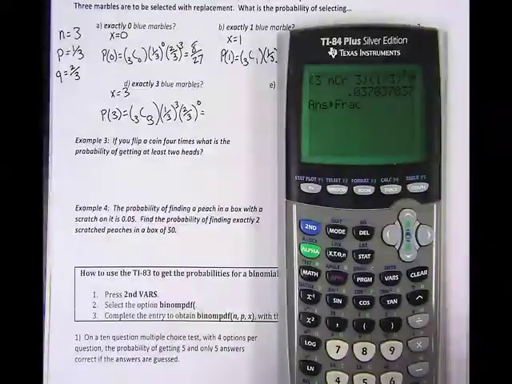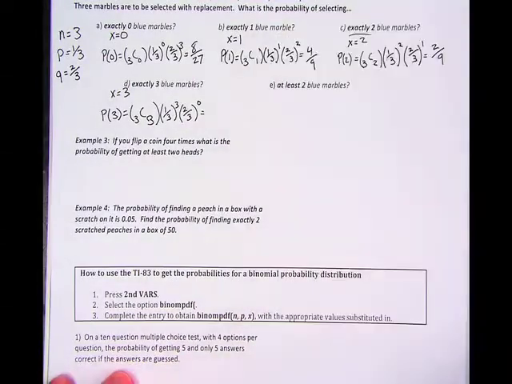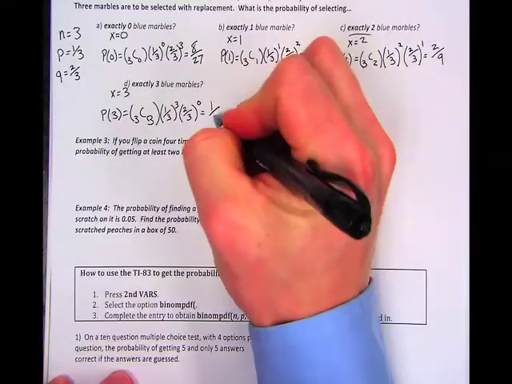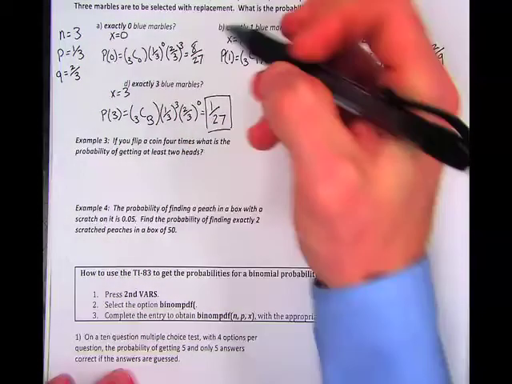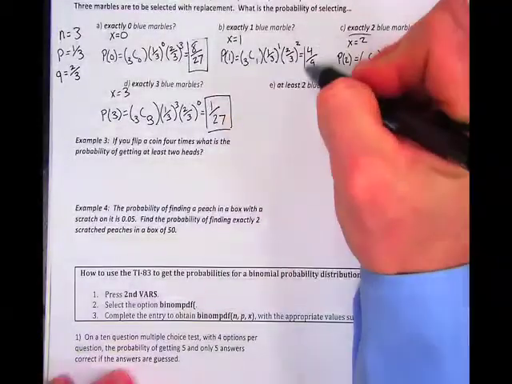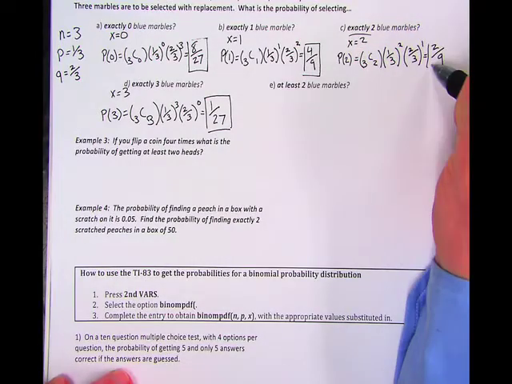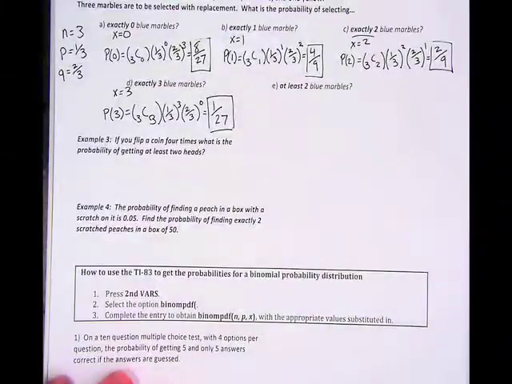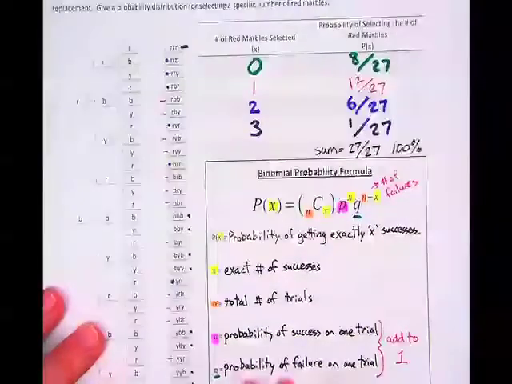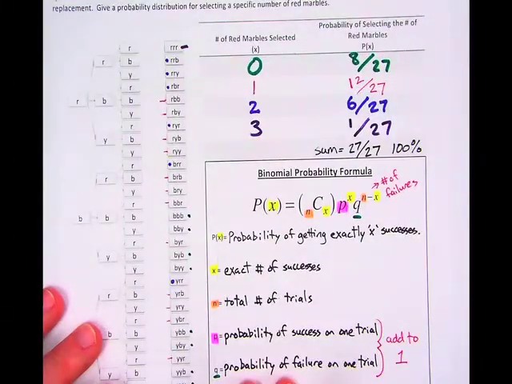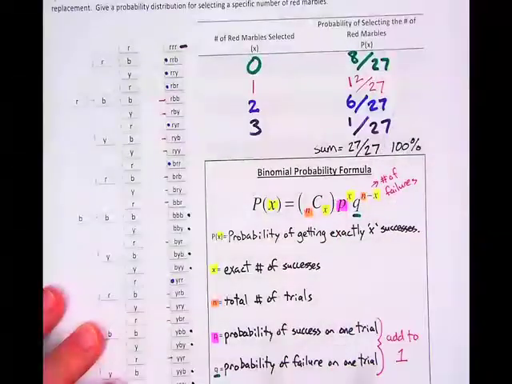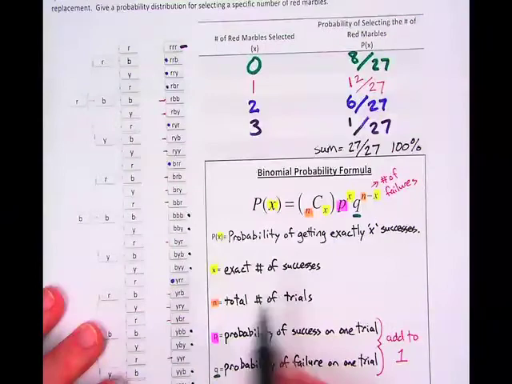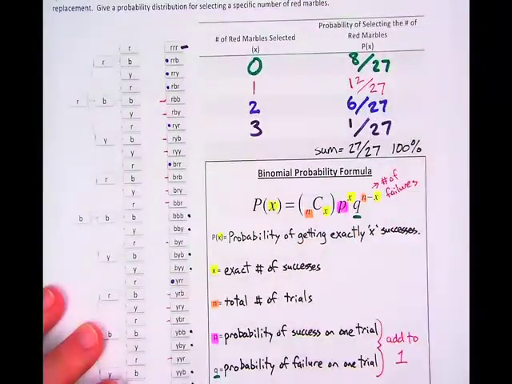And we do get 1 out of 27. Now if you look here on the other page, I think these are exactly what we just got. Okay, 6 out of 27 is 2 out of 9, so we're fine there. 12 out of 27 is 4 out of 9, so we're fine there.